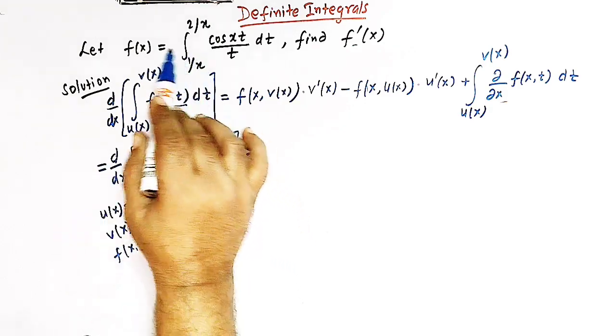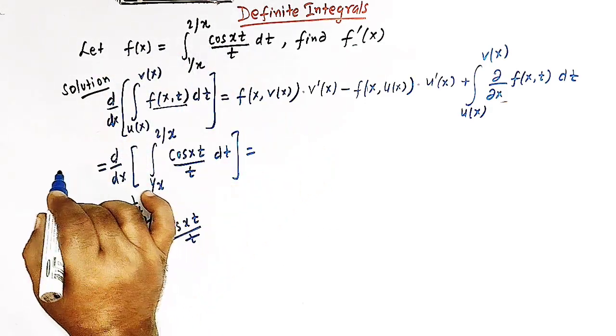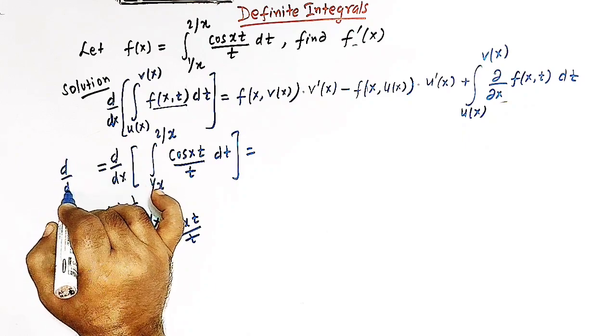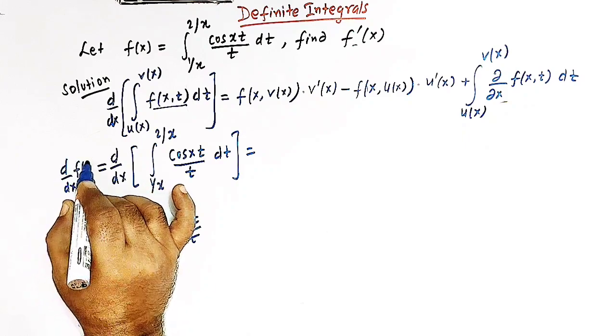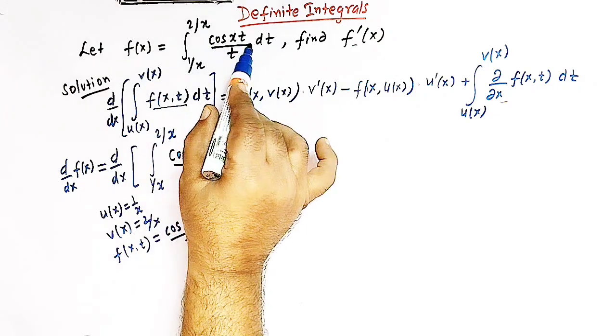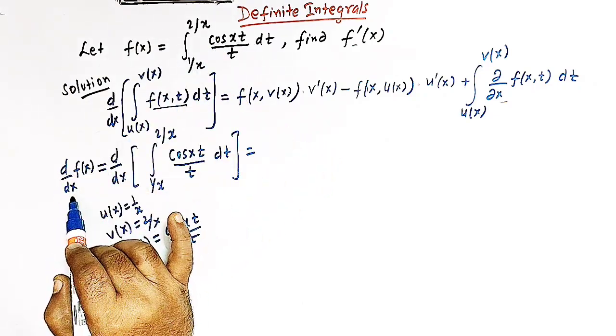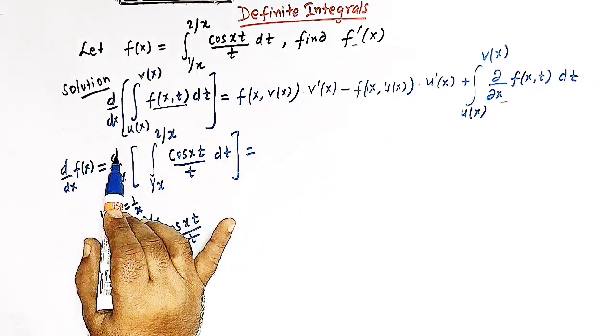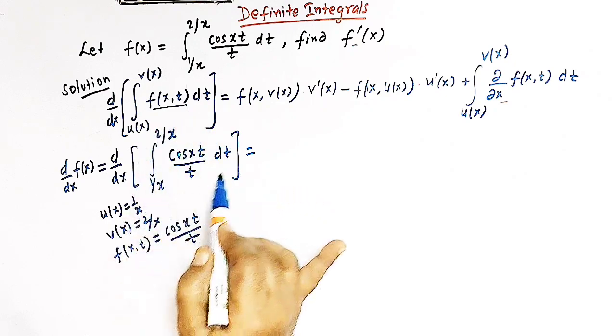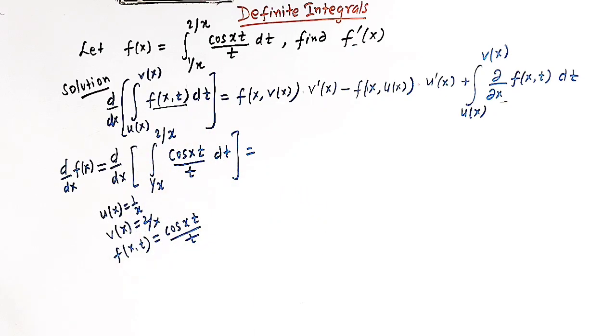And since we are differentiating both sides, here we have d by dx of f of x. So taking the derivative of both sides, we have d by dx of f of x is equal to d by dx of this integral, right?